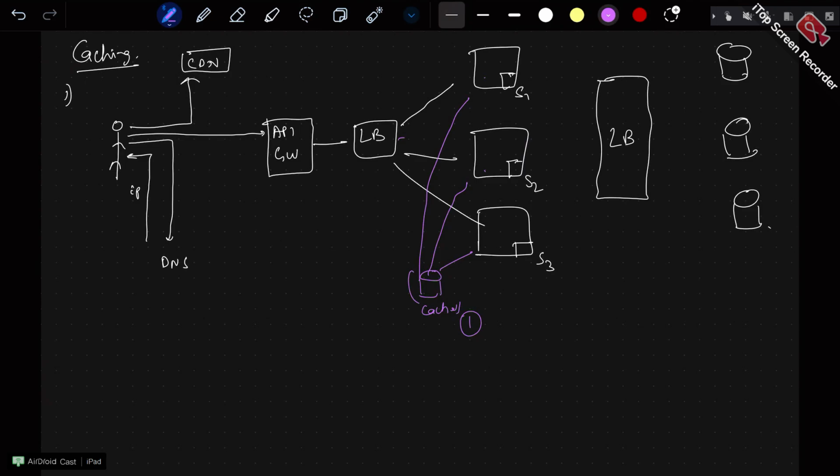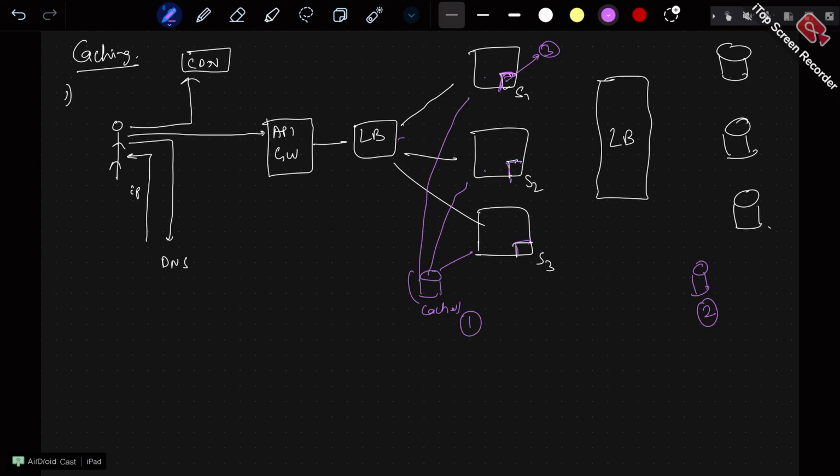Second, you can think of many. Caching can be inside the application server also, where you cache the most frequently used data.